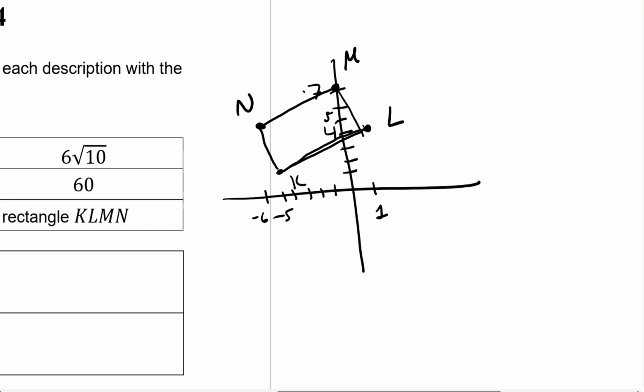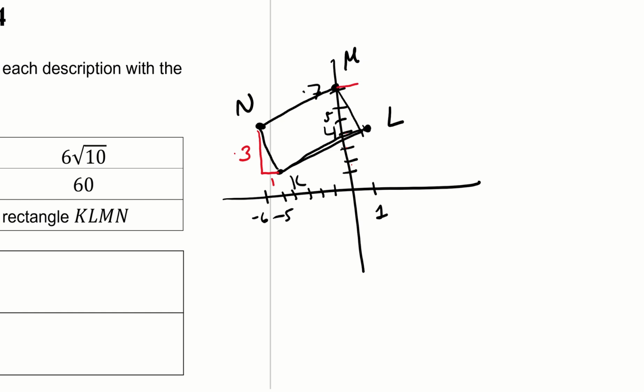So we got to find the perimeter and the area. Let's do the area first, actually. So to find the area, we need to find the distances for all these sides. Okay, so we need to count them down and over, up and over, all that stuff. So this one, it looks like it goes down 1, 2, 3. It looks like it goes down 3, and then over 1.